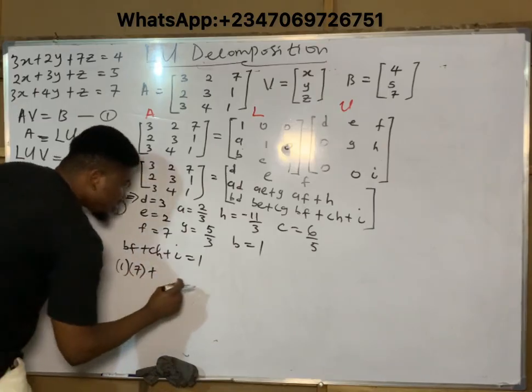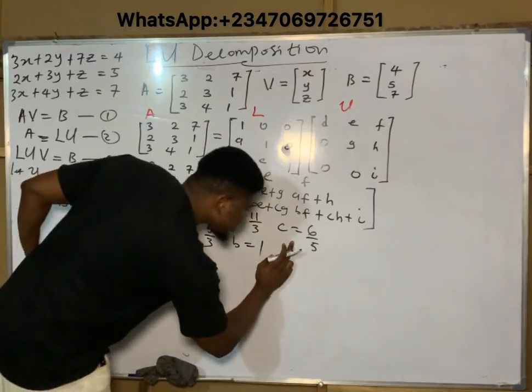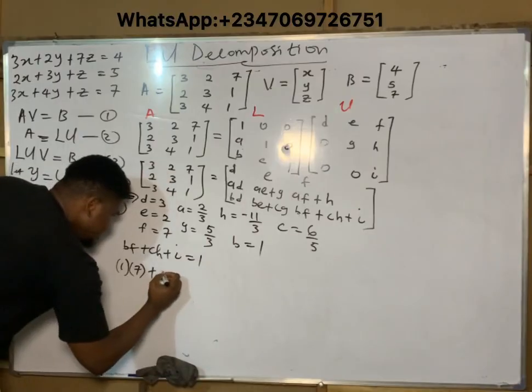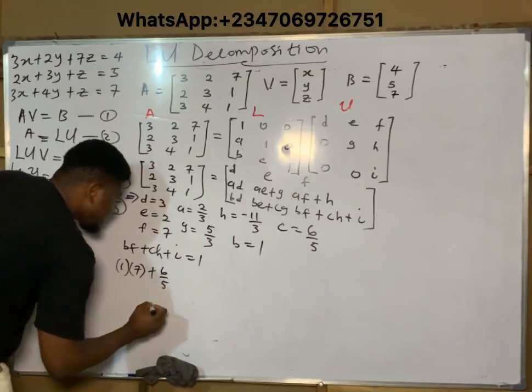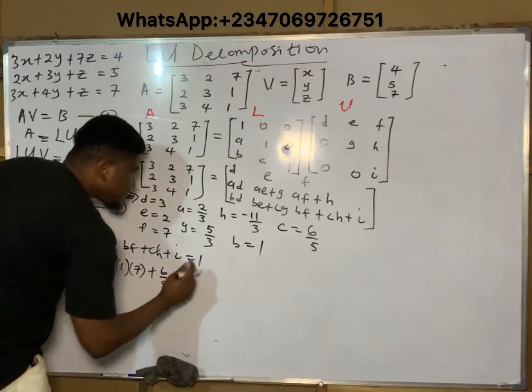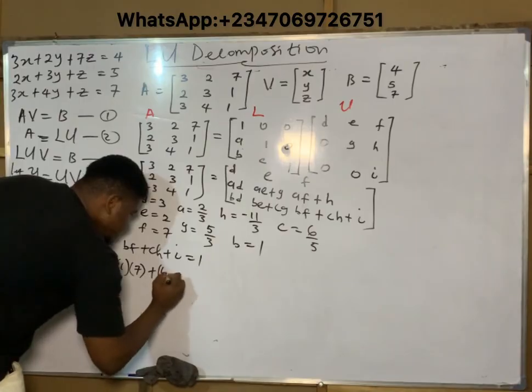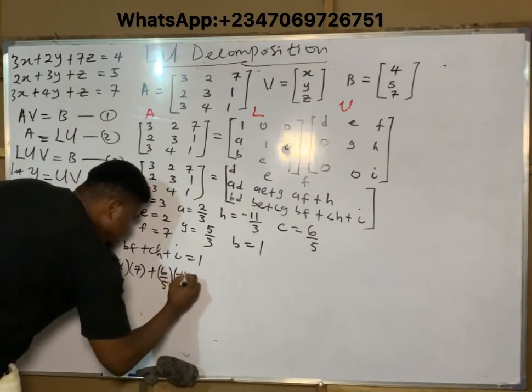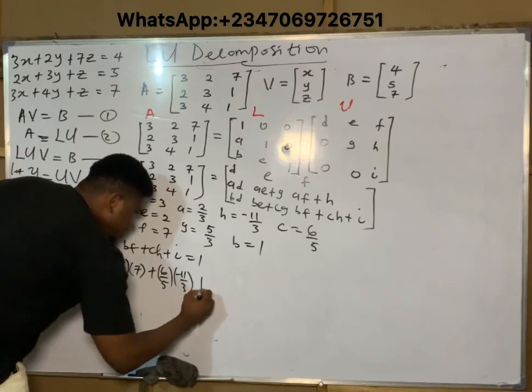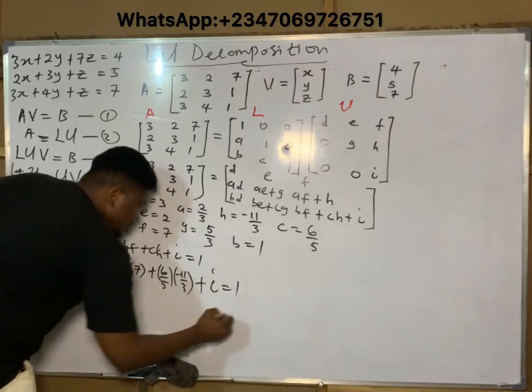Plus C. We got C here to be 6 over 5. 6 over 5 multiplies H. We have H here to be negative 11 over 3, times negative 11 over 3 plus I is equal to 1.